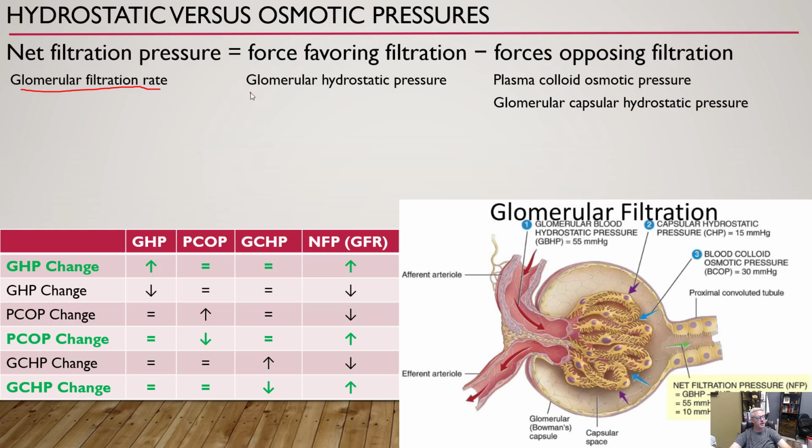Our forces favoring filtration is our hydrostatic pressure, and our forces opposing are our plasma protein pressure and our glomerular capsular hydrostatic pressure. And I just abbreviated all these. This is our glomerular hydrostatic pressure, plasma colloid oncotic pressure or osmotic pressure.